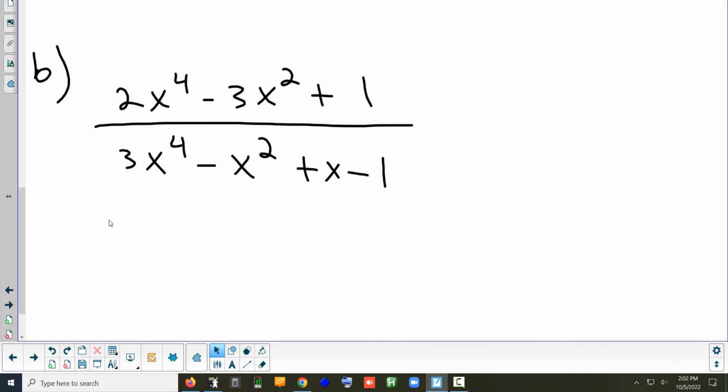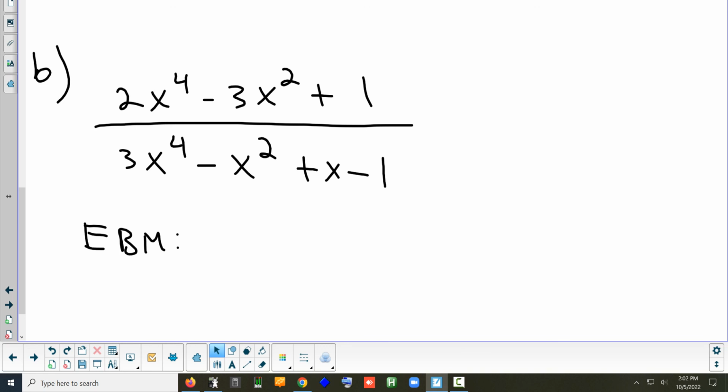So Jenna, what's the EDM in the top? In the top, so we don't have a 3x in the top, or 3x squared? I think there's a term there that's going to have even bigger results than 3x squared. 2x to the fourth.